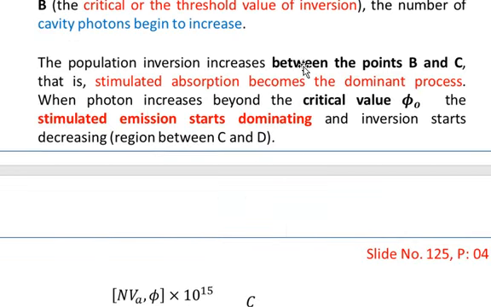The population inversion increases between points B and C. That is, the stimulated absorption becomes the dominant process.